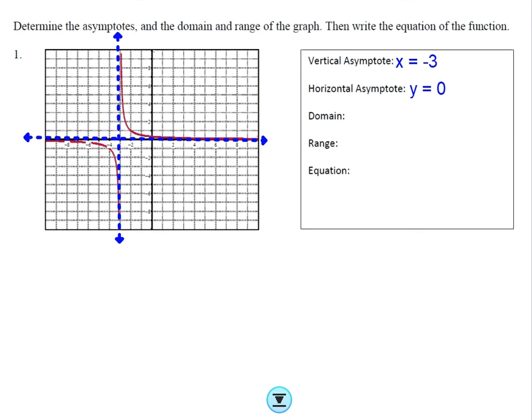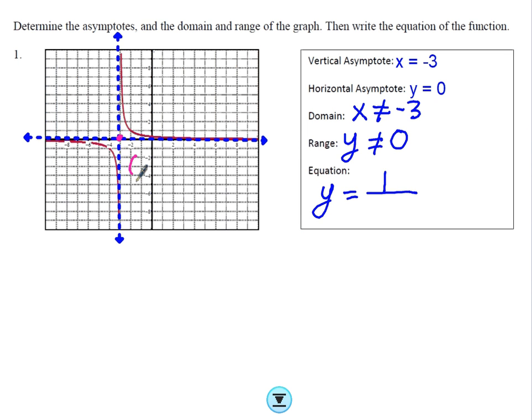So therefore, the domain here would be x does not equal negative 3. The range would be y does not equal 0. And then here's where the equation part comes in. We would have y equals, a is 1, and then we can see the point where these asymptotes intersect right here.